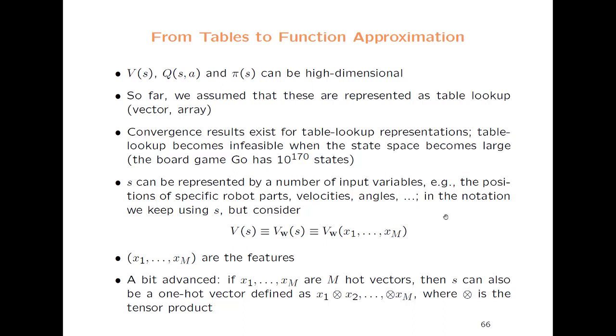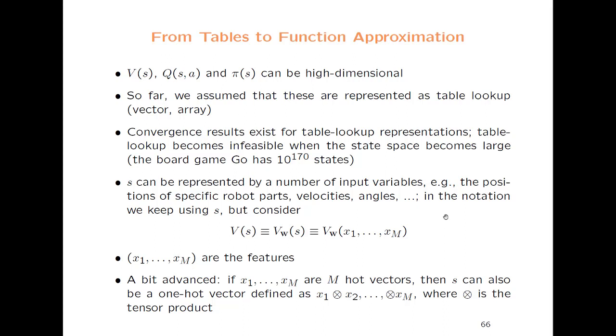So maybe pi of s is a probabilistic vector, or a matrix from S and A, the value function is a vector, the Q function is an array, and if S is high dimensional, this can become an issue. And this is not harmless: Go has 10 to the 170,000 states, and a table of that size would be impossible to store on a computer.